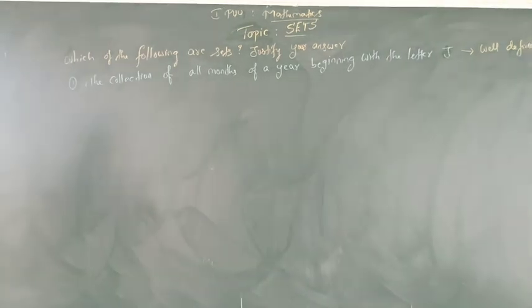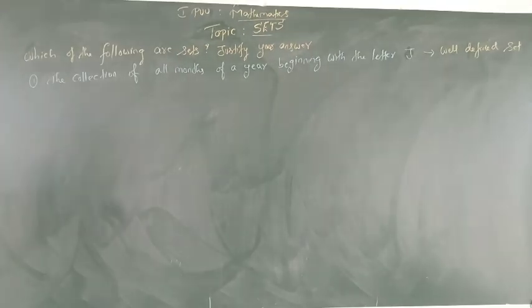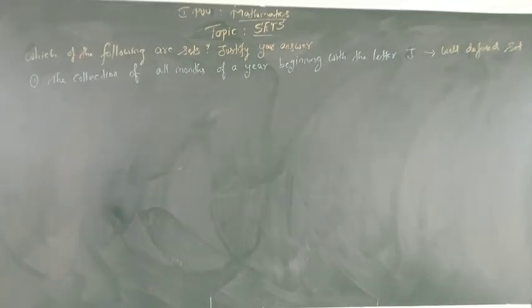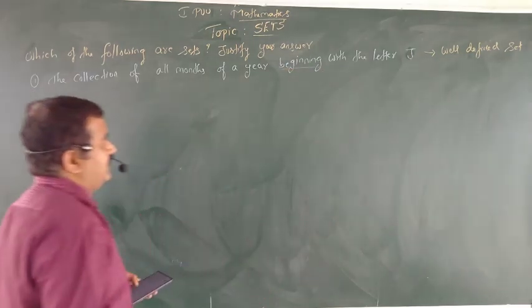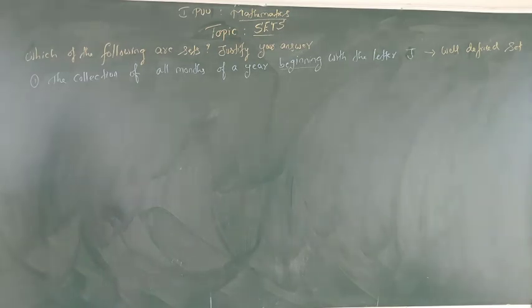One can easily identify months beginning with the letter J, meaning January, June, July, like that.